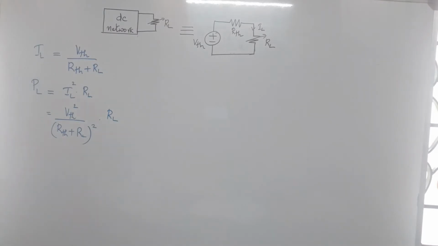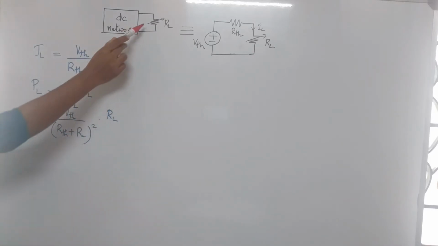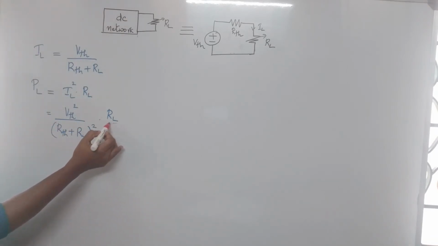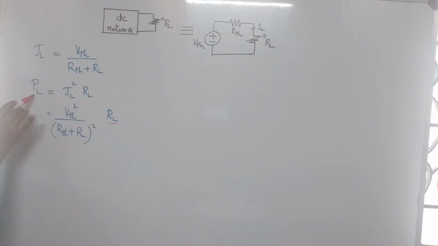So when we observe this, we see that in the equation for power, VTH is constant for a given network, RTH is also constant. But RL here is shown as variable load. That means by changing the value of RL, the value of power can be changed.